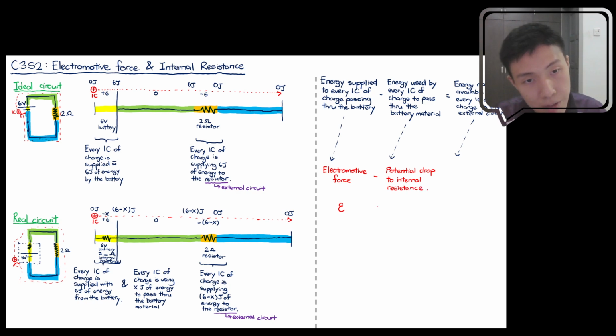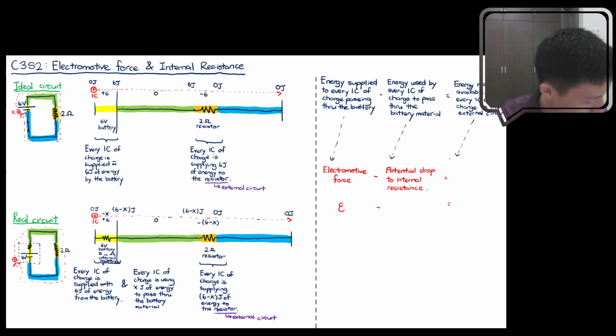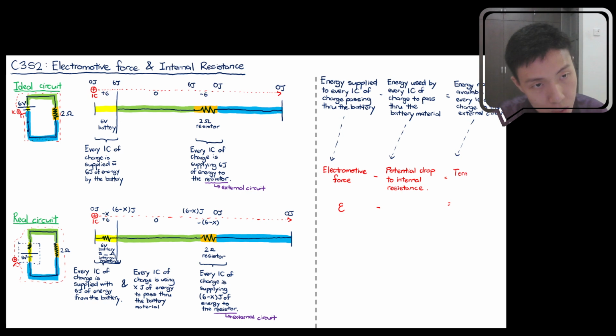Okay, I'm going to leave the symbol blank first, later I'll fill it in. And lastly, this is equal to what's available for the external circuit. What's available for the external circuit has a name. The name is called terminal voltage, and the symbol of it is V terminal.